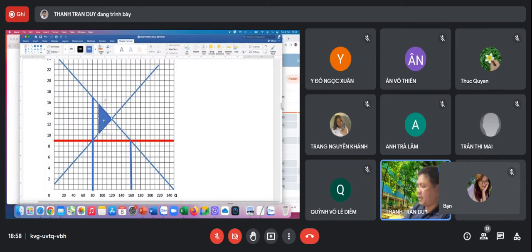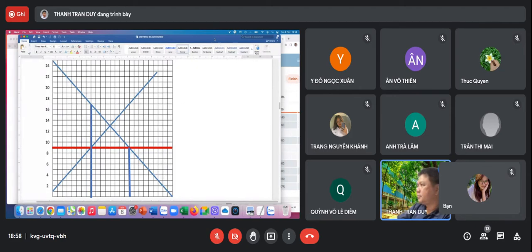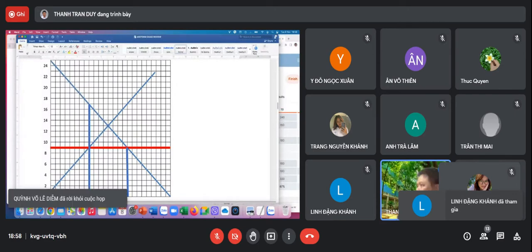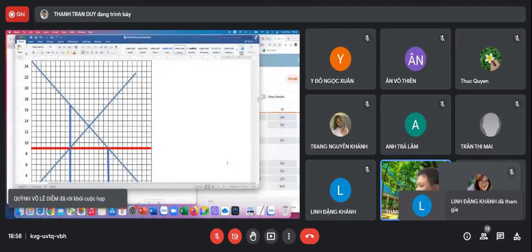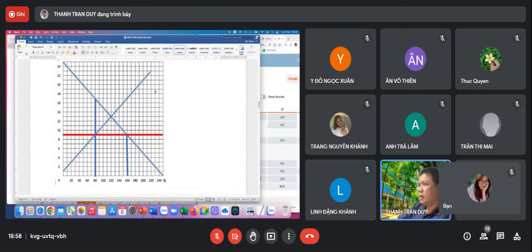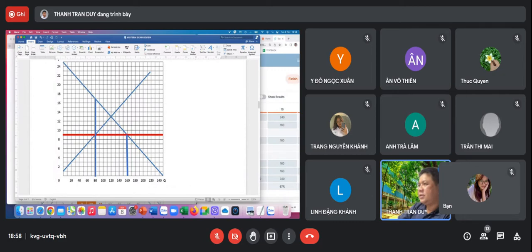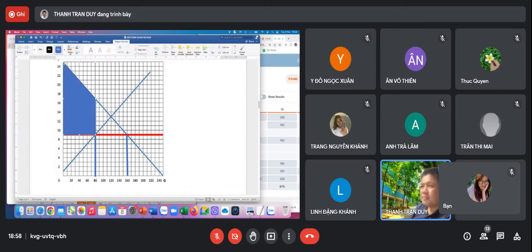All right. So consumer surplus in this case will be this trapezoid.